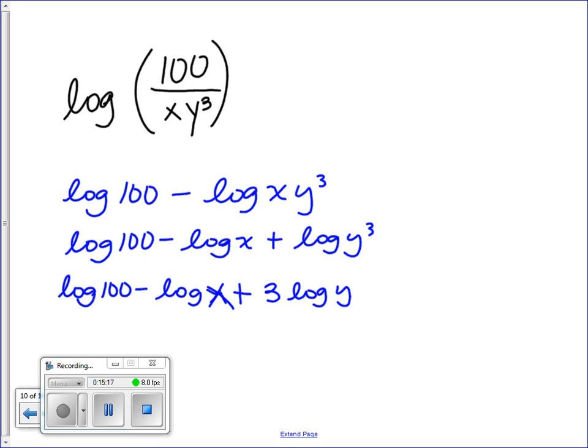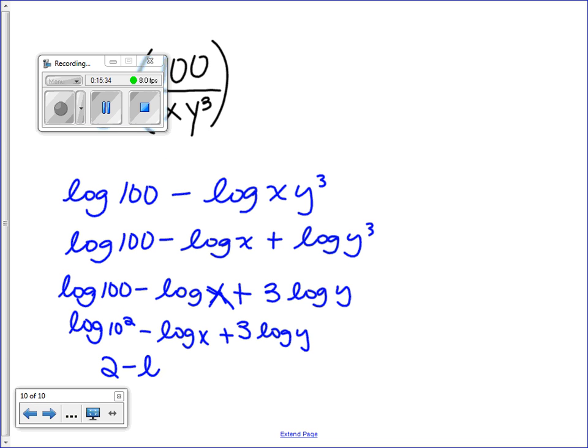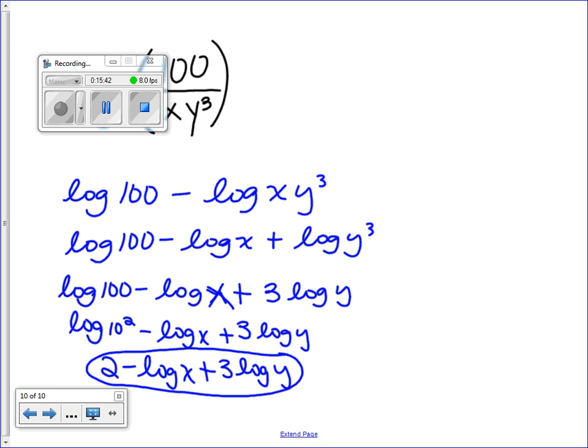Alright, anything else? 100 is 10 squared. Yes. Log 10 squared, minus log x plus 3 log y. And then this just becomes 2. Exactly. It's a common log, so the base is 10. So log base 10 of 10 is 1. You just have that 2 that's right there. Because remember, that's one of your basic properties that we did yesterday.